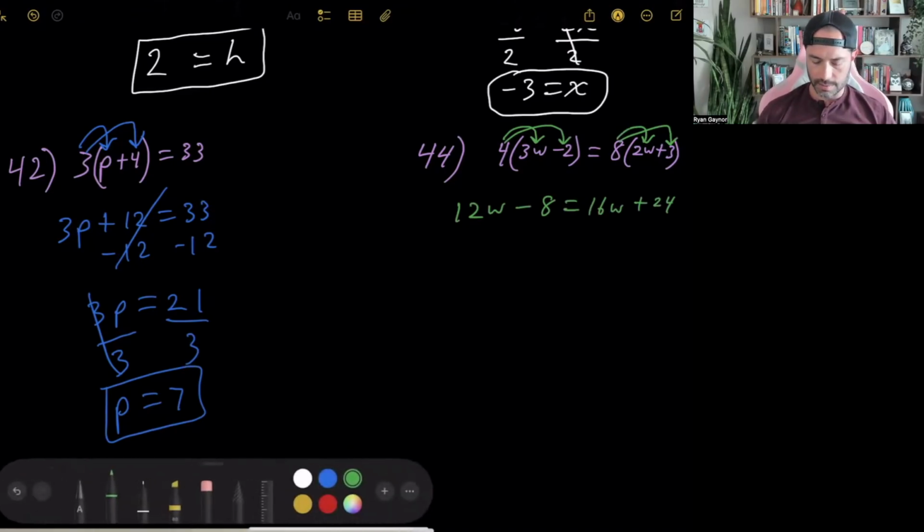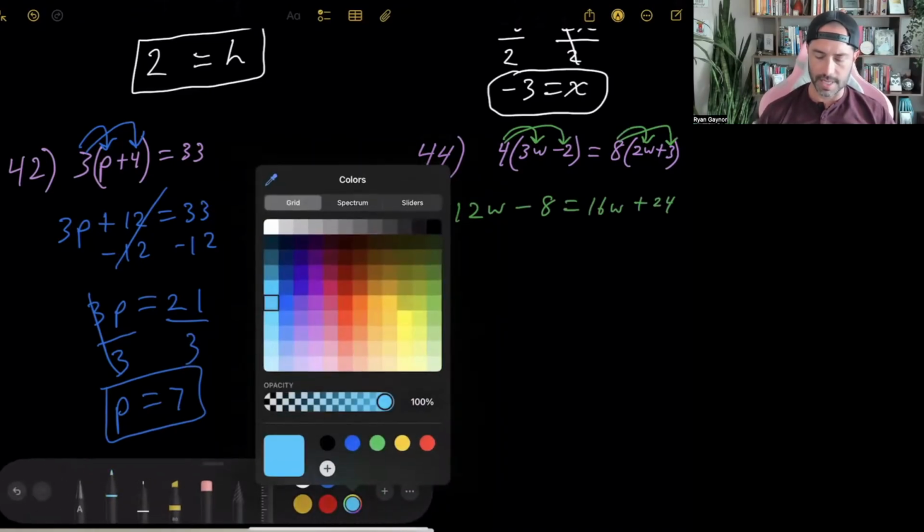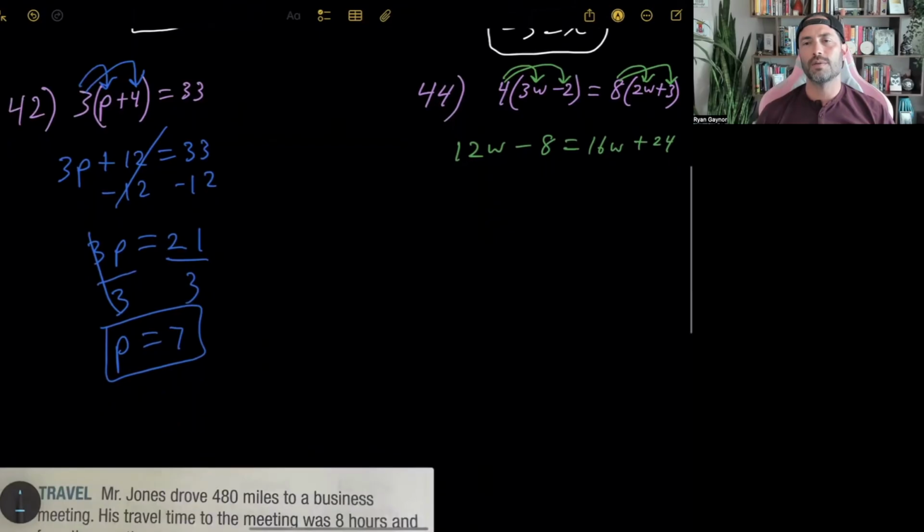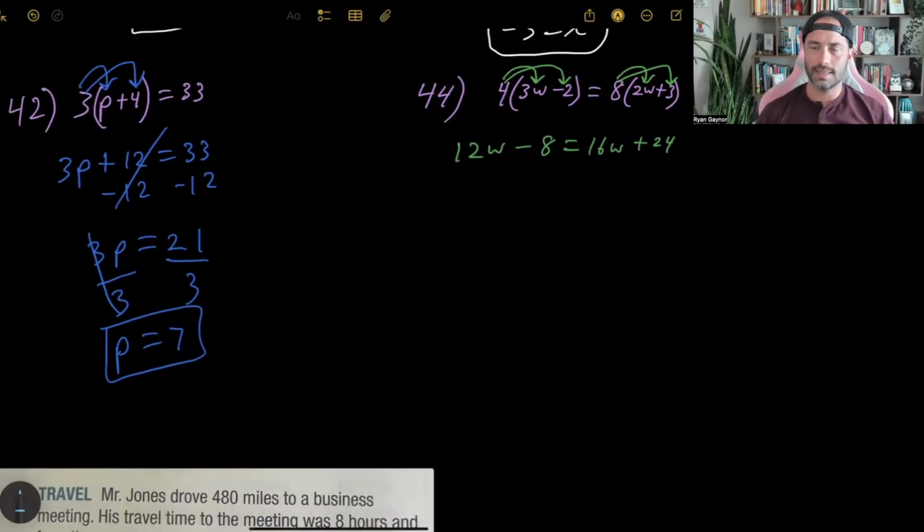Okay, so now that we have 12w minus 8 equals 16w plus 24, we have to combine like terms, and they're not on the same side yet. So we have to get the w's on one side and then just the numbers on the other side. So we're going to end up with something being negative.